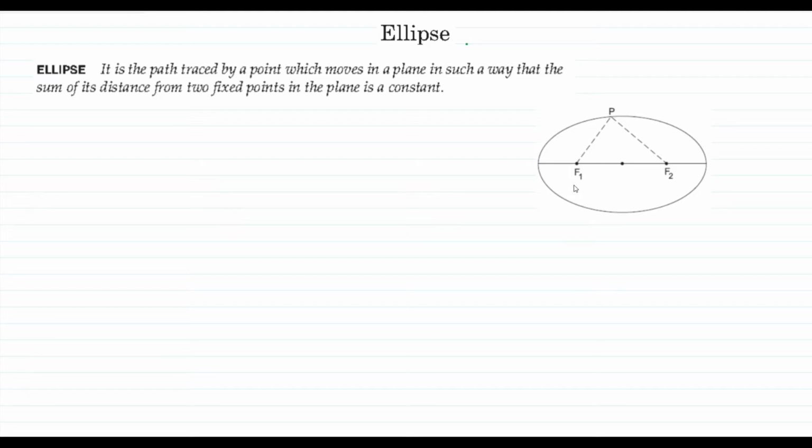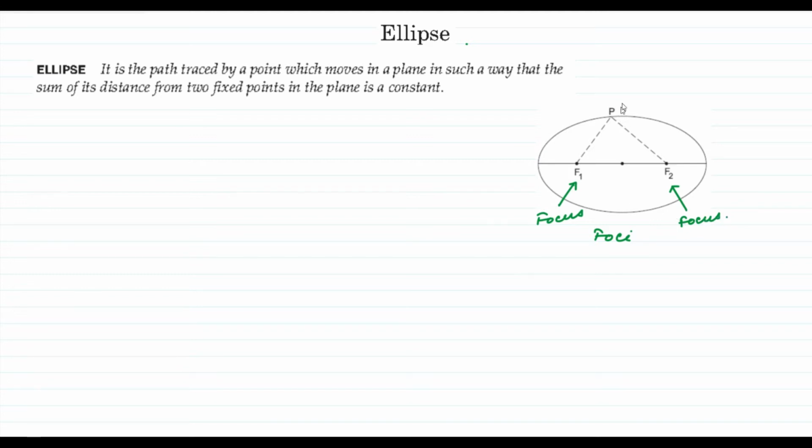You can see in the diagram F1 and F2 are two fixed points, and they are called foci. Foci is the plural form of focus. So F1 is a focus, another focus is F2.